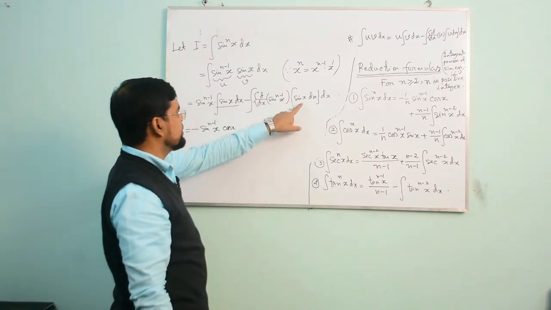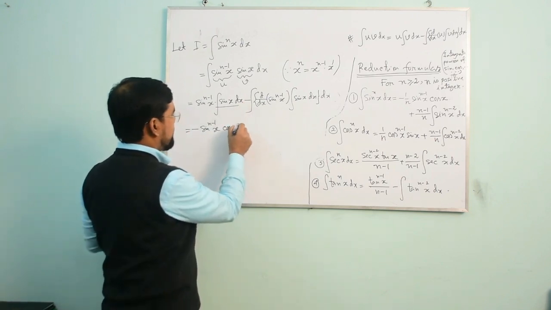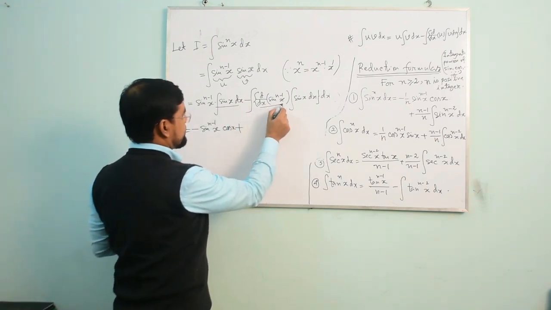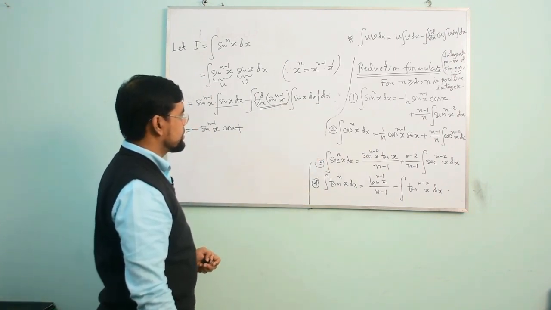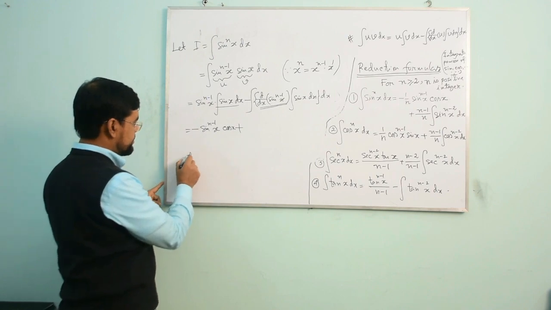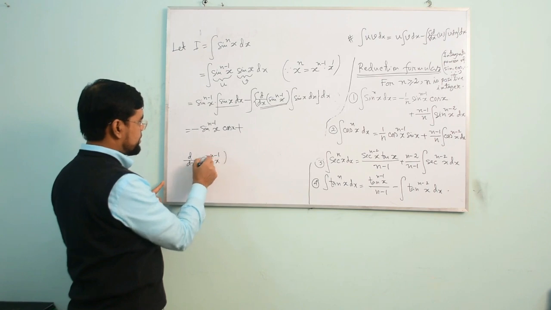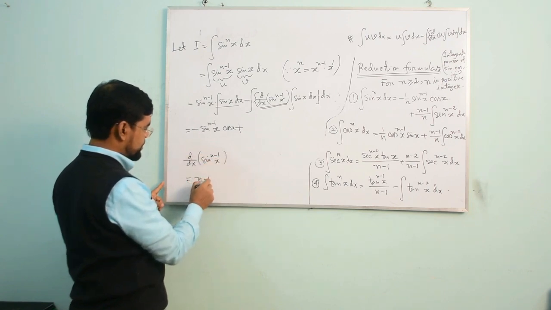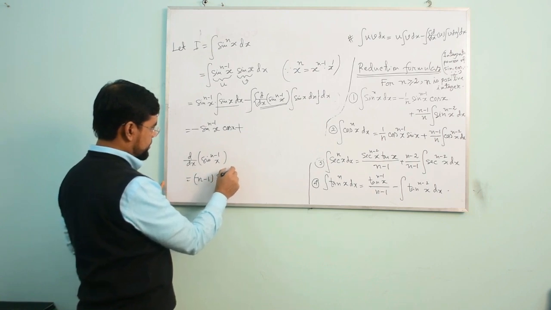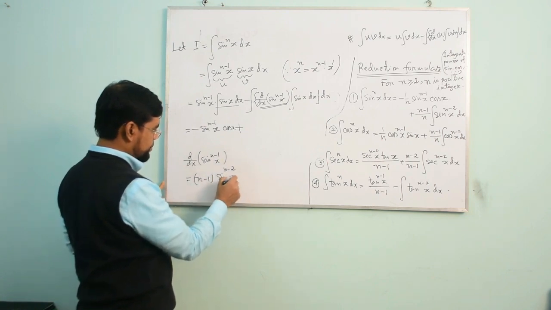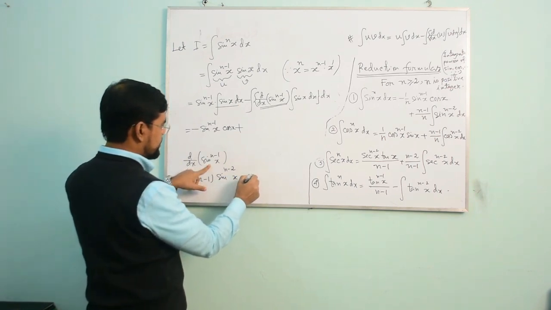Since here again the integration of sin x equals minus cos x, this minus will be plus. What will be the derivative of sin to the power n minus 1 of x? It equals n minus 1 times sin to the power n minus 1 minus 1, so n minus 2 of x, and the derivative of sin x equals cos x.